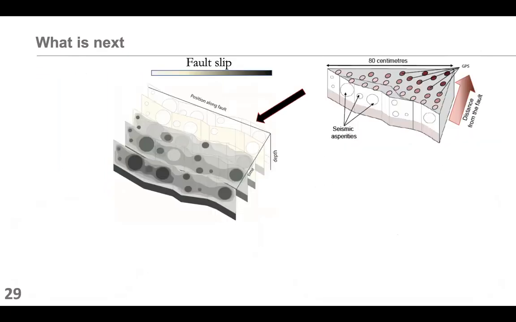The second thing that we will try to do is build larger scale experiments, and we will try to develop a laboratory geodesy. So coupling measurements of displacement located at different distances from the fault plane with digital image correlation of the deformation of the surfaces, we hope to be able to estimate the fault coupling and the fault slip during the seismic cycles.